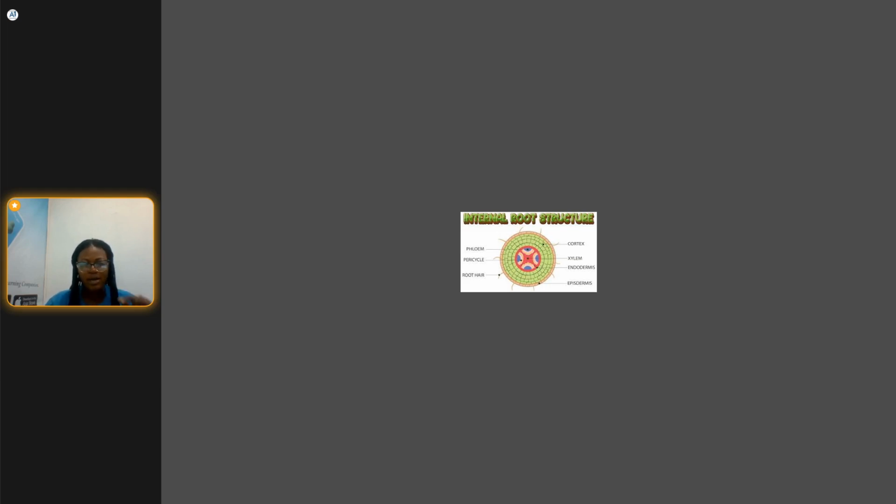Okay, so number one, the layers of the root. You can see the way it is labeled. Number one is the epidermis. If you look at it, you see that this diagram is in layers.